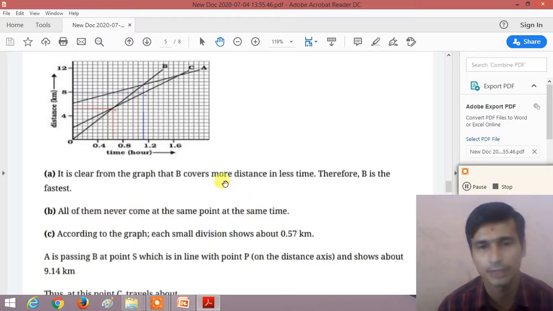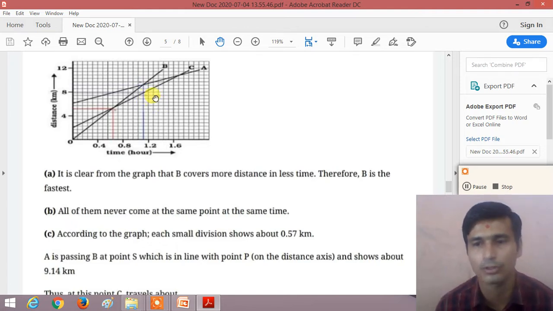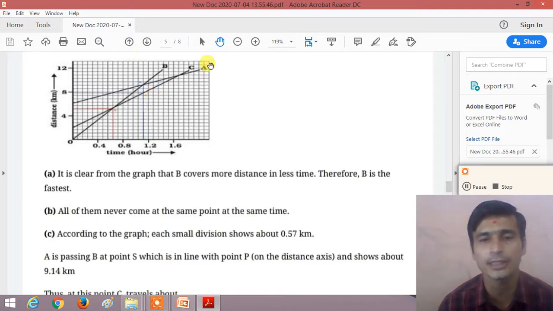But yes, we can say that B and A meet at this point, A and C meet at this point, and at this point B and C meet, but all of them never come to the same point. If instead all the graphs intersected at one point, we could say that they meet at that point, right?